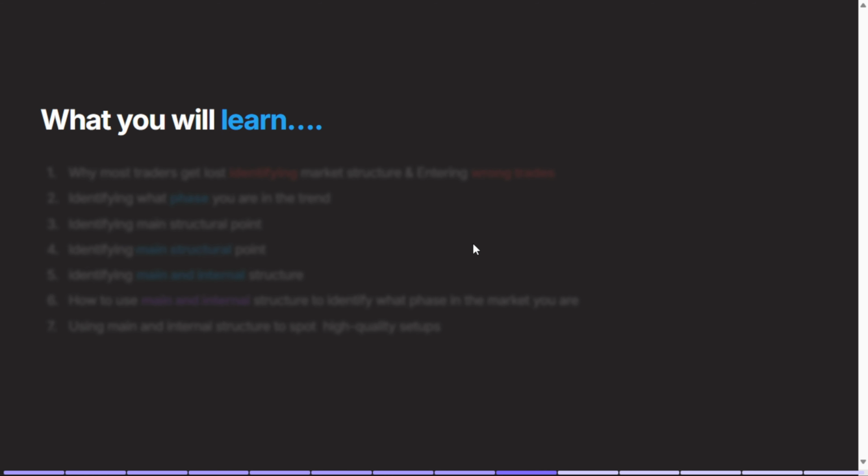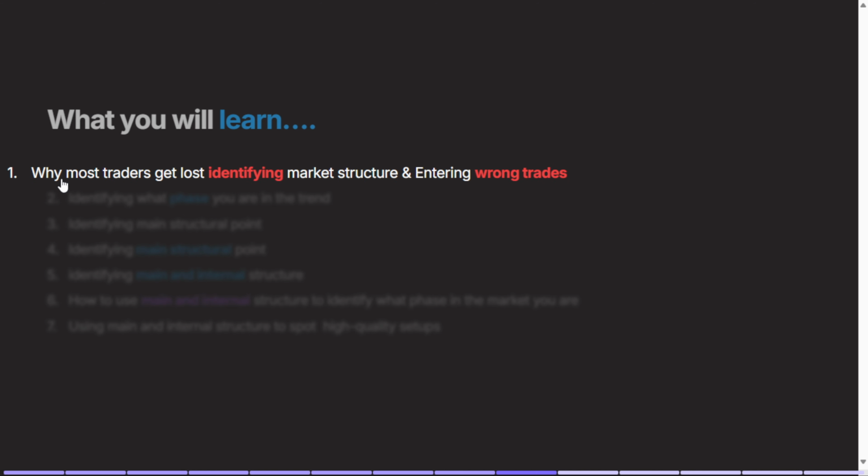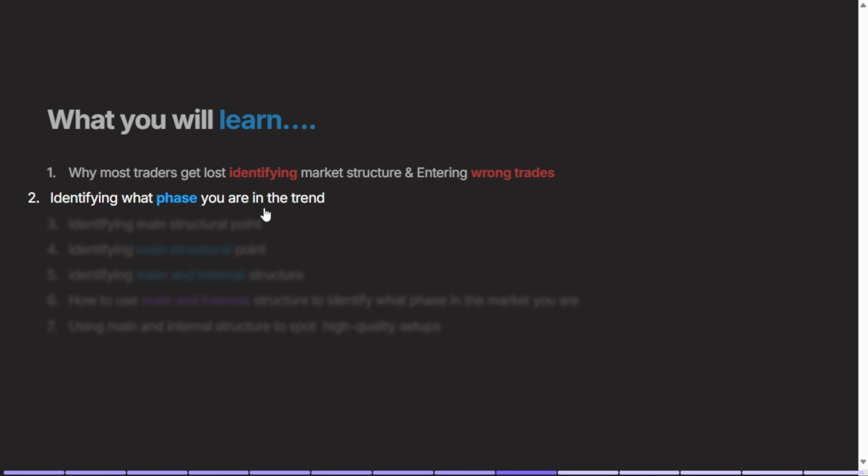Welcome to part two, advanced market structure. What you will learn in this part is how I view market structure. You will learn why most traders get lost identifying market structure and entering the wrong trades. You will identify what phase you are in a trend, be it pullback or continuation phase.